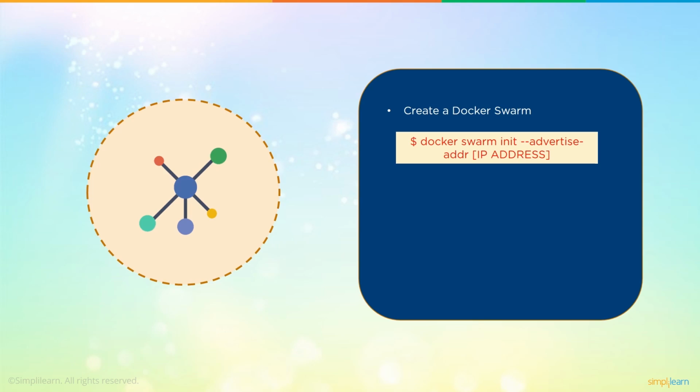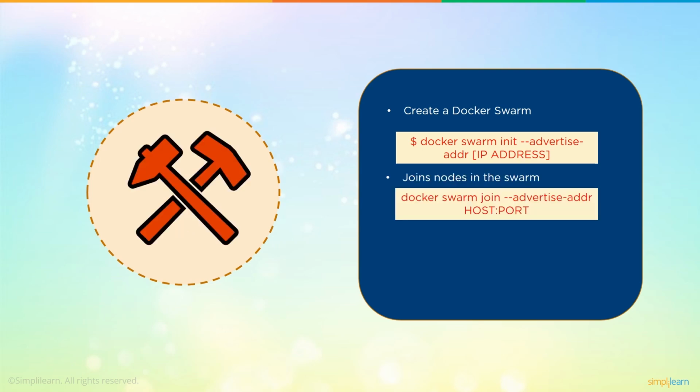So docker swarm init is the command using which you can initialize the cluster. There is also docker swarm init with the --advertise-addr option. Now for joining, you have the docker swarm join command, which you run on the node machine, and that node will become part of the docker swarm cluster.